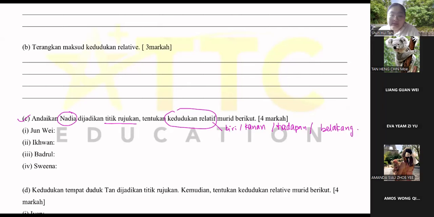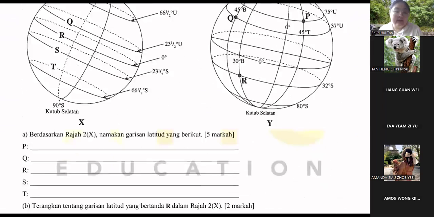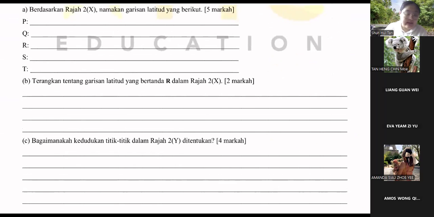Why do I mention this? Because if you go to the next page, when they tell you menentukan kedudukan only, then your answer may not be kiri, kanan, depan, belakang. Your answer is going to be another.